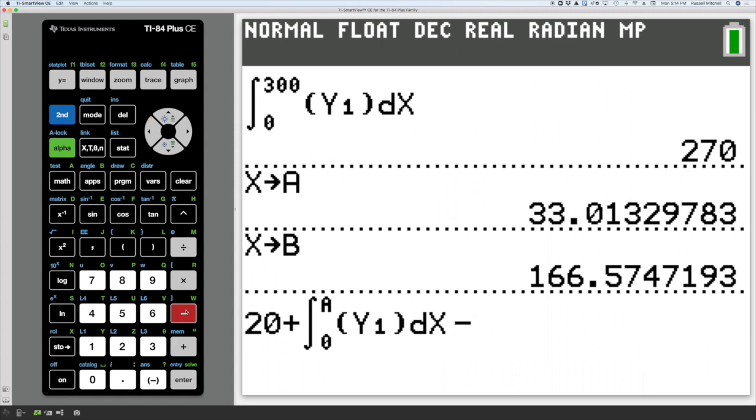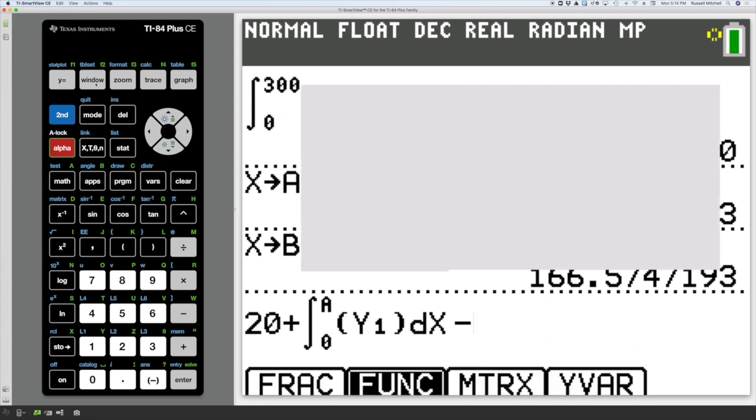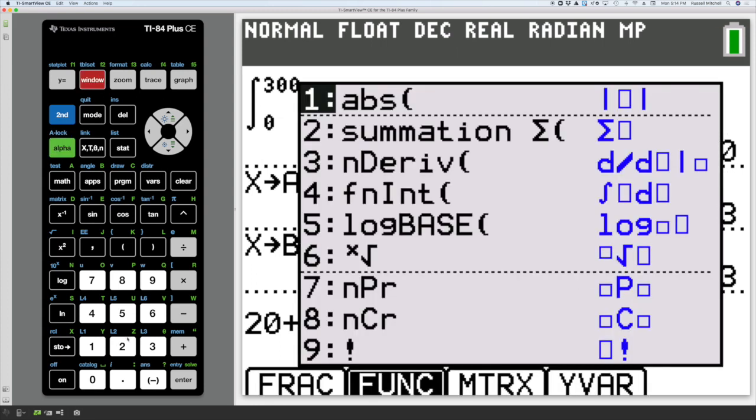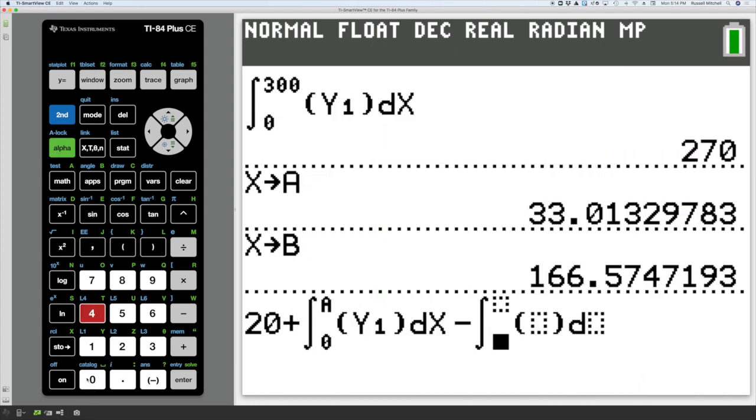This is the number of people being removed from the escalator, which will change the length of the line, or number of people waiting in line. So minus another integral, from 0 to A, of 0.7 dx. Now I'm going to say something. You could do this as one integral.